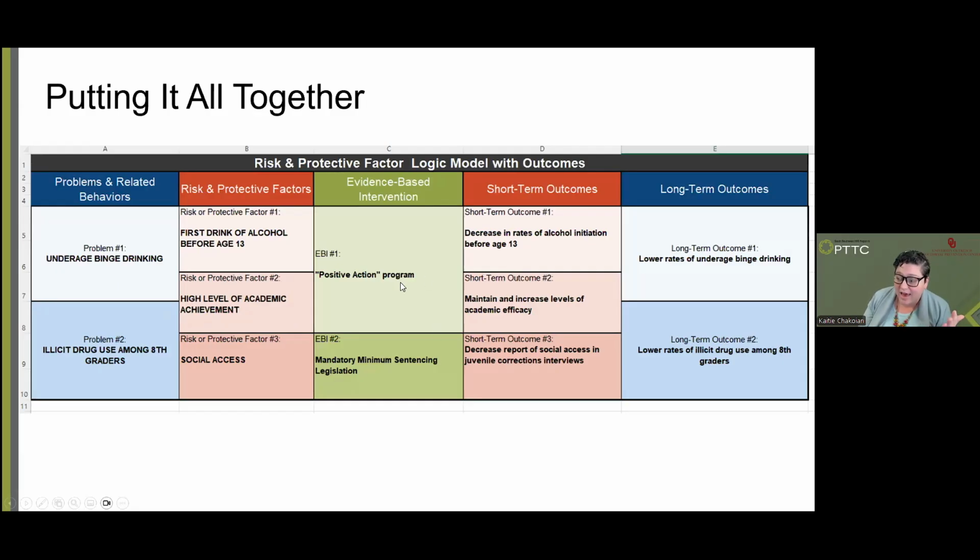And so my positive action EBI really was focused on binge drinking. I'm going to add another EBI around minimum sentencing legislation, or whatever feels like the right approach to your community. Then I have a short-term outcome. I'm keeping these same ones with the risk and protective factors, but I'm adding one that measures the social access piece.